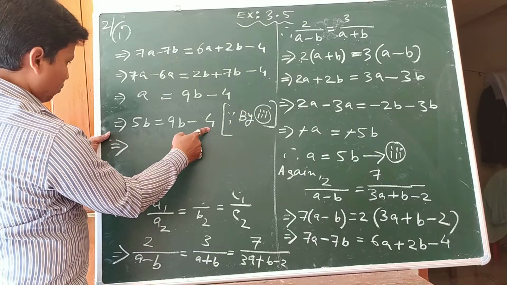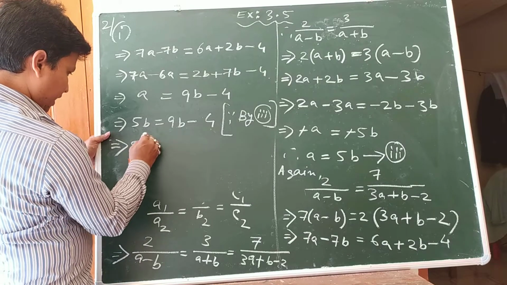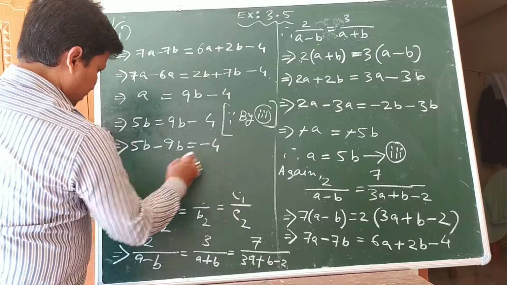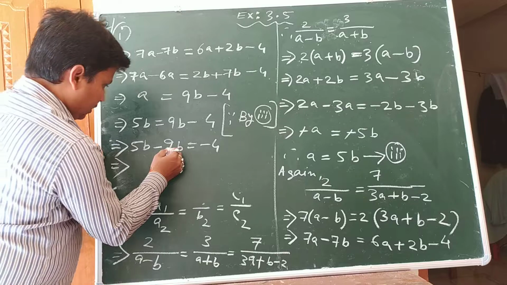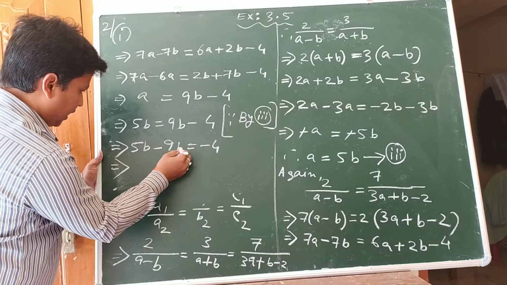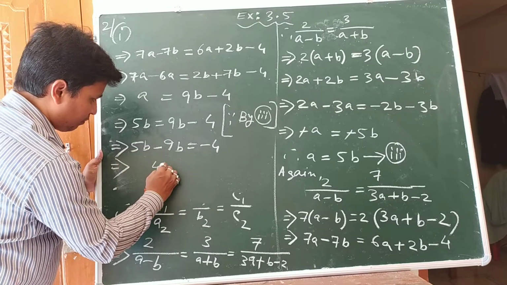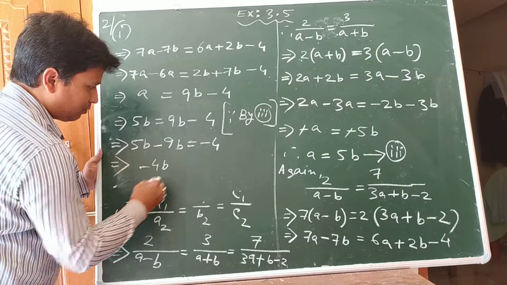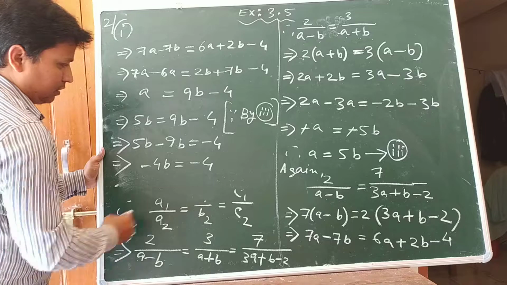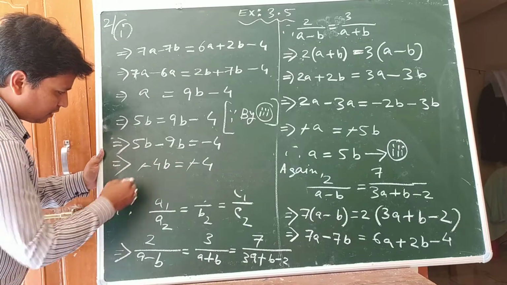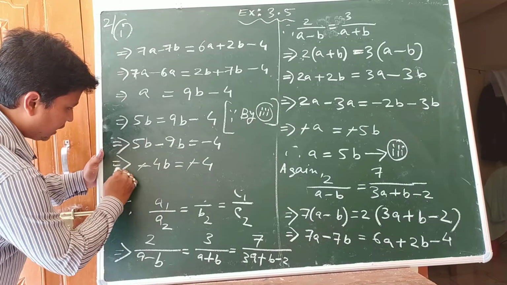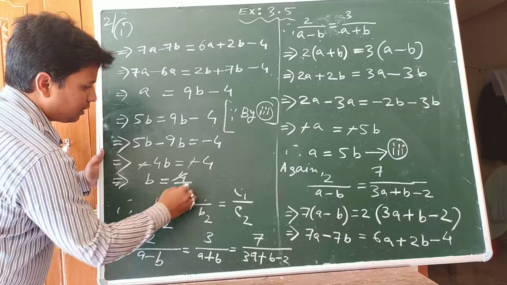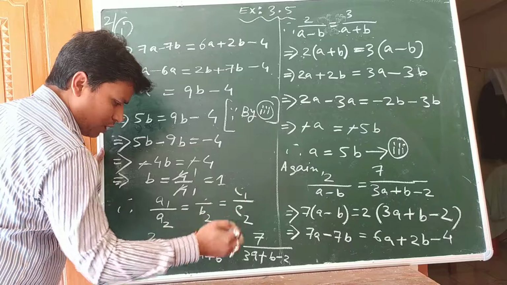Now the b terms keep on the same side: 9b minus 5b equal to 4b. 9 is bigger than 5, so the sign of the bigger number you give in the answer. Then both sides minus cancel. Then b equal to 4 by 4, you will get 1.